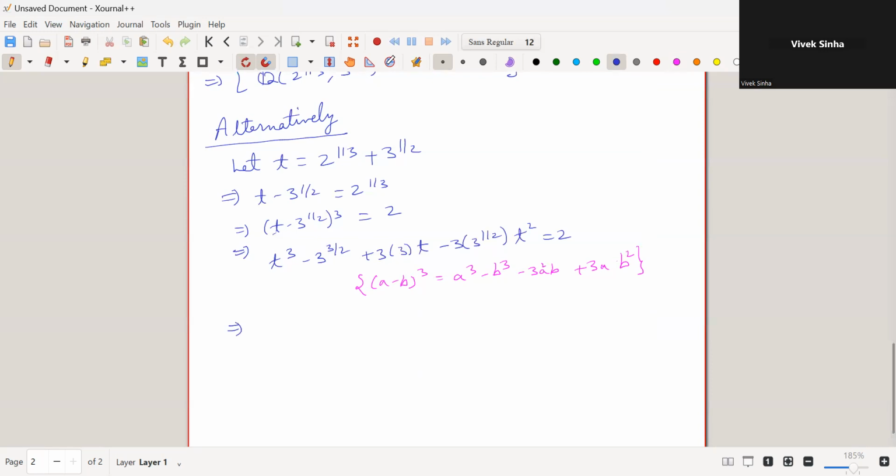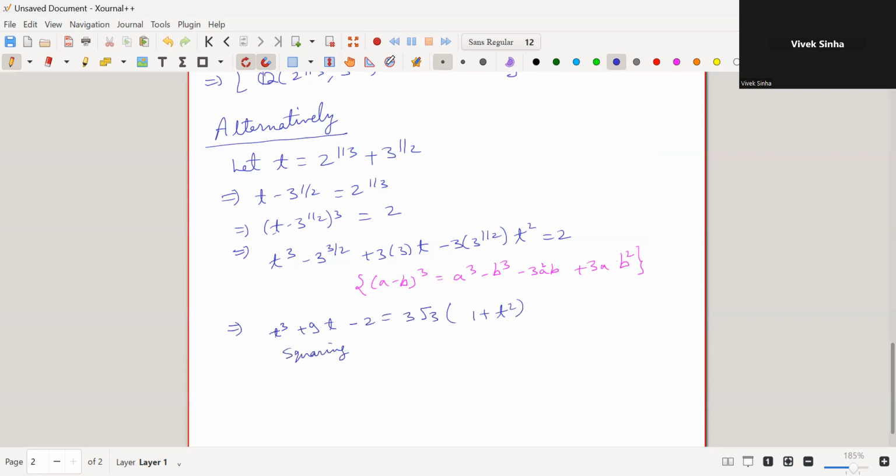and from here what we get is that t cube plus 9t minus 2 is equal to 3 root 3 (1 plus t squared). So we square both sides.